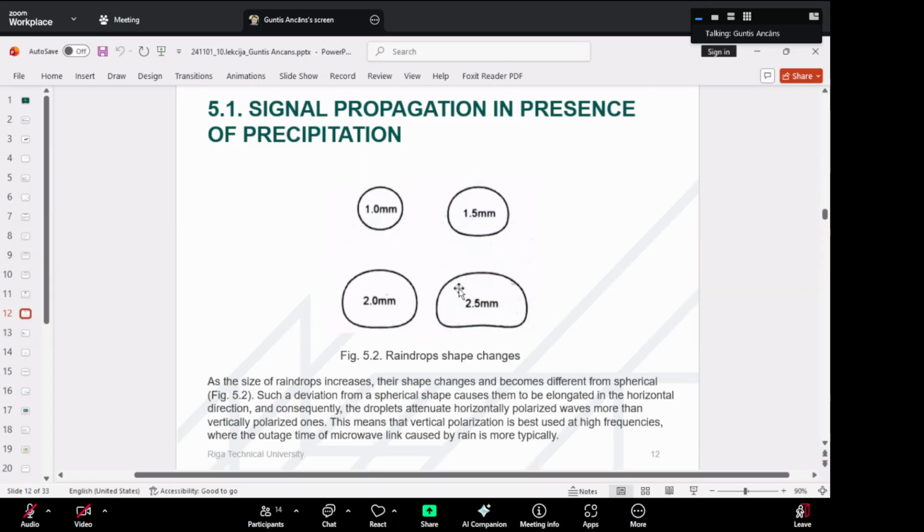Raindrop shape can be different. As the size of raindrops increases, their shape changes and becomes different from spherical.